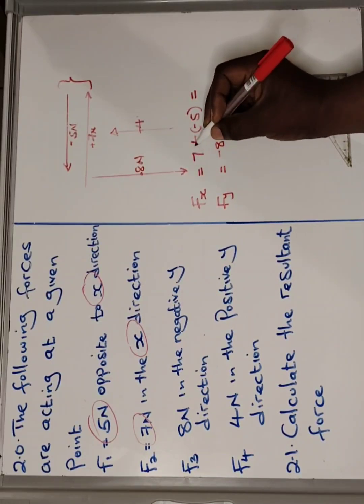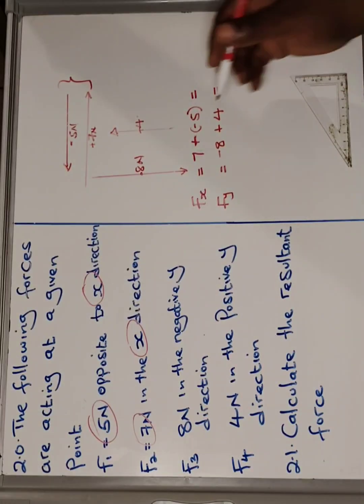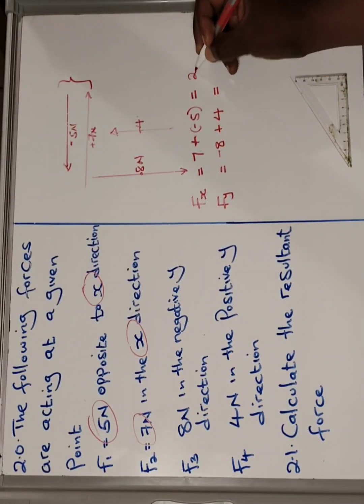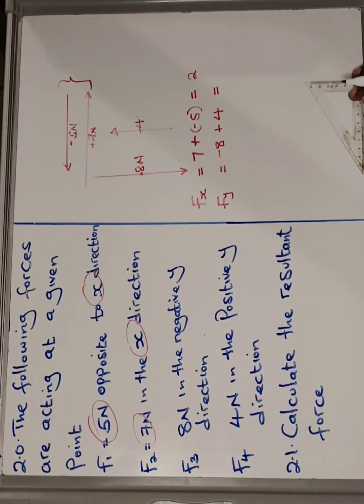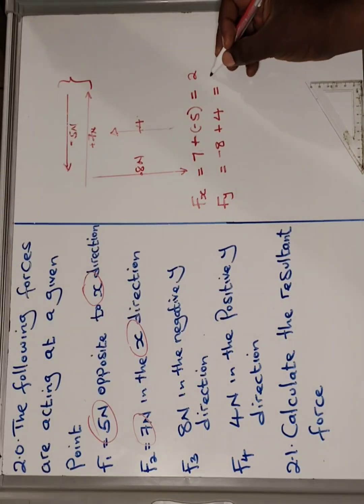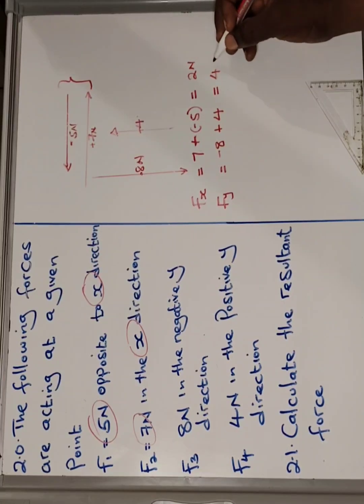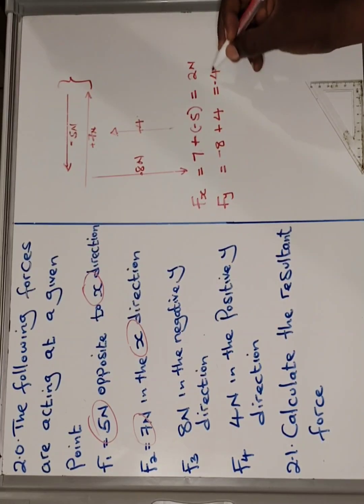Okay. With that, what do we have? Here we are going to have 2. That's the resultant force in the x direction, and here we are going to have 4. So this is 2 newtons, and this is -4.